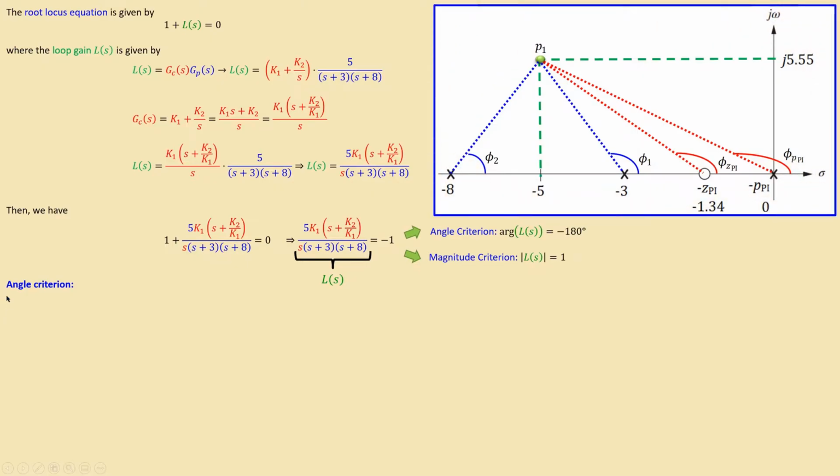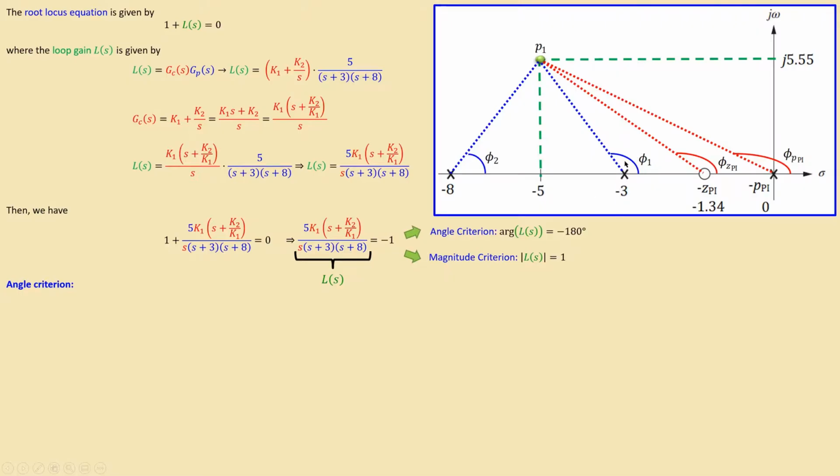Before we start with the angle criterion, I will use this plot, which is an extended version of the former plot I showed in the previous slide. What you see is again P1, which is our design point. We have the -3 and the -8, which are the open loop system poles, and we have -5 and j5.55 as the location of the design point. You can see there is a phase associated with the pole at -3.